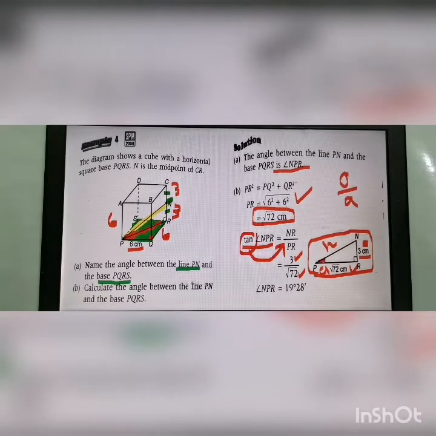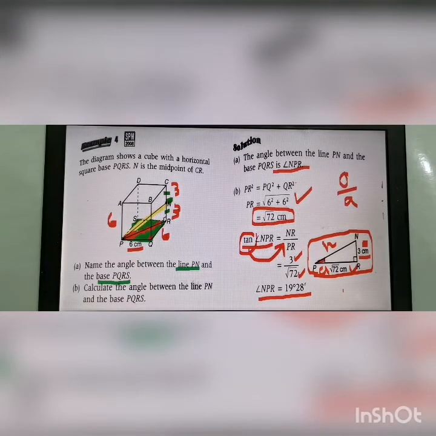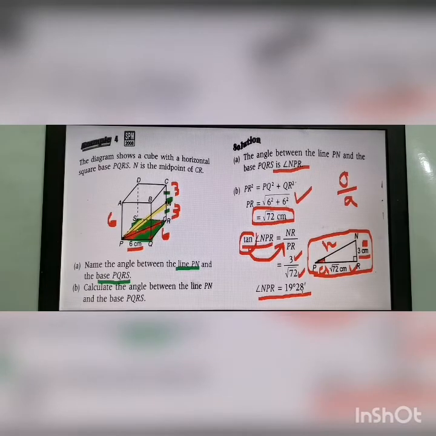So you use your calculator, shift tangent 3 over square root 72. And then you get the answer. The angle NPR is 90 degree and 28 minutes.